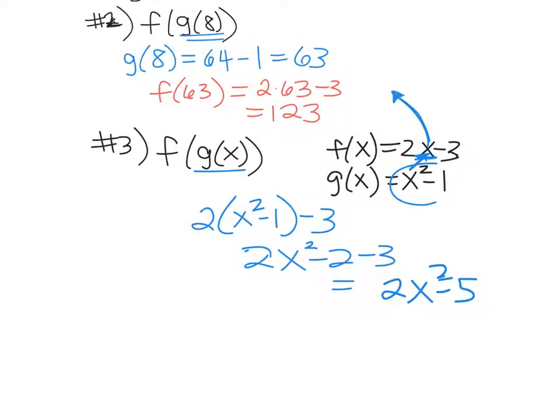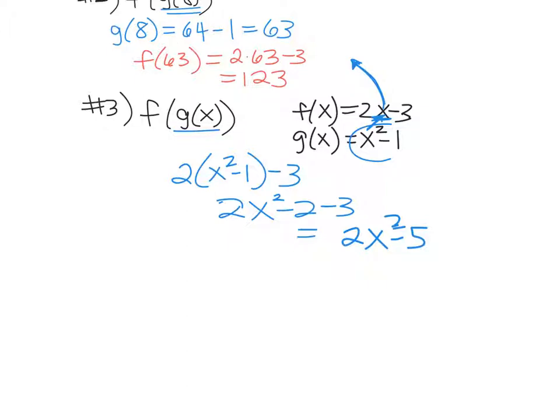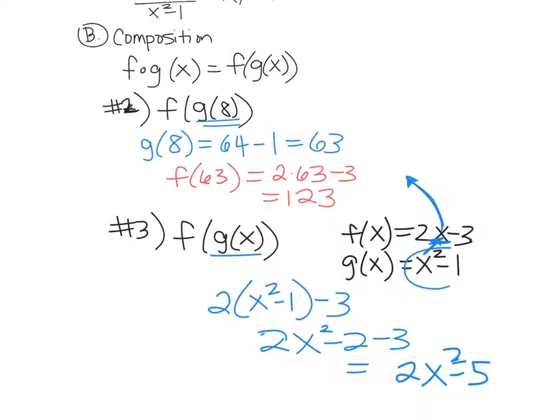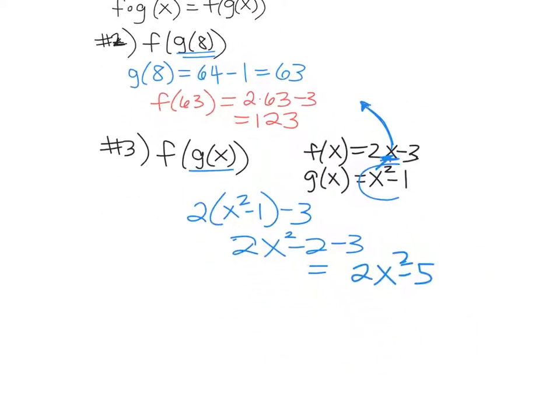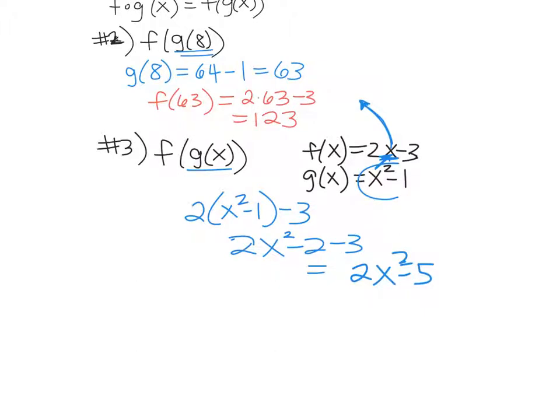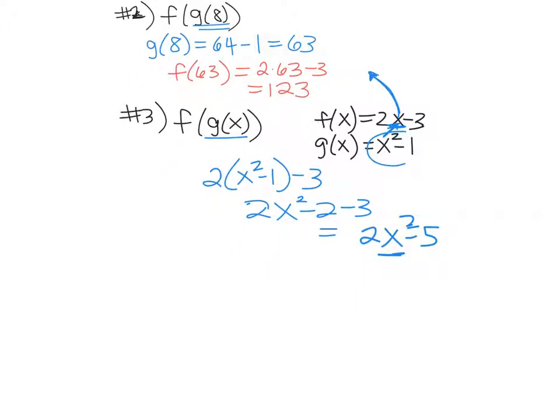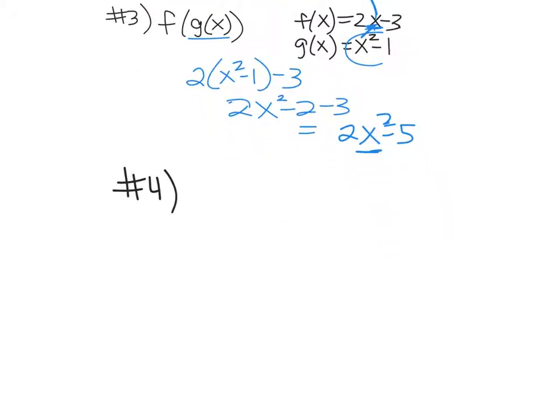So it's pretty cool because if you have this formula, and if you wanted to find out what f of g of 8 is, you could plug 8 into here, and it'll give you 123. Okay? But there are restrictions. So let me show you this next one, and then we'll move to the third part. So number 4.